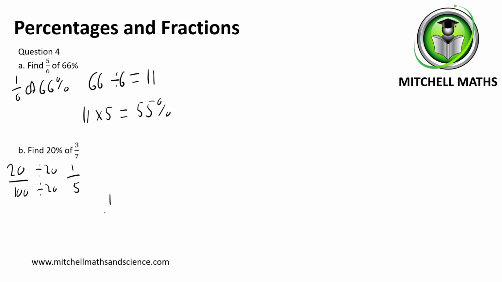So I'm going to have 1/5 times 3/7. 1 times 3 is 3. 5 times 7 is 35. So it's 3 over 35. And that doesn't simplify any further. So to find a percentage of a fraction, convert the percentage into a fraction and then multiply them together.